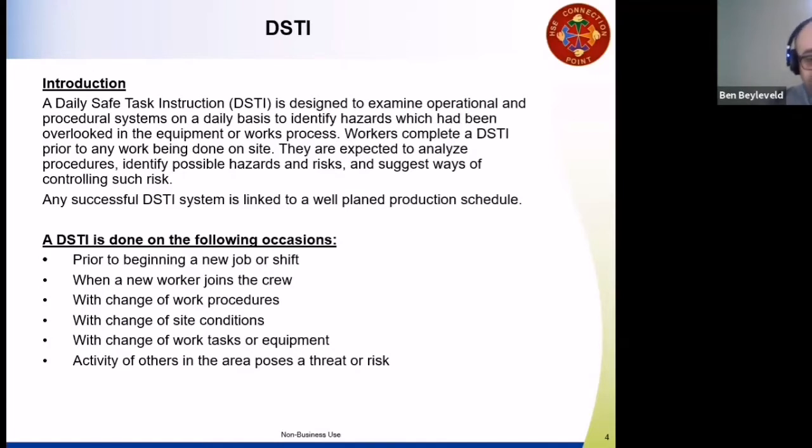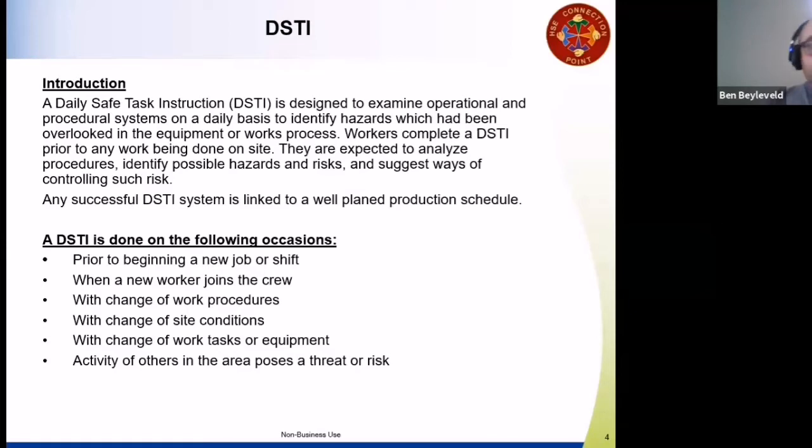Activity or others in the area poses a threat or risk. Maybe you work on a multidiscipline construction site where two different activities might interchange with one another, or two different contractors might come and interchange with one another.